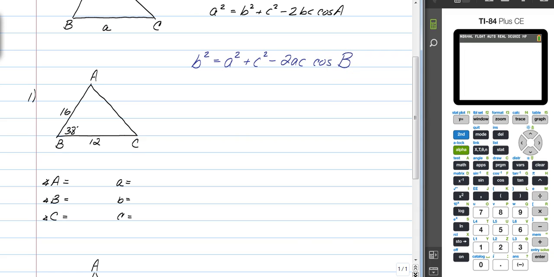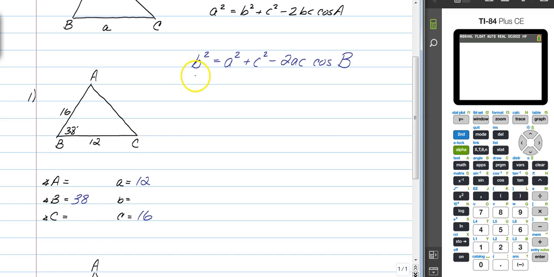We just have to manipulate it so we have what we're looking for on the end. So now we're just going to use that formula. We know that little c is 16, little a is 12, and big B is 38.